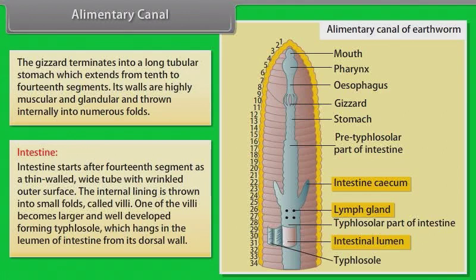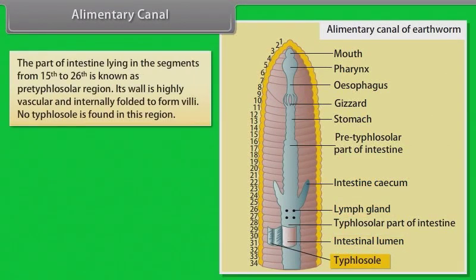The internal lining is thrown into small folds called villi. One of the villi becomes larger and well-developed, forming typhlosole, which hangs in the lumen of intestine from its dorsal wall. The part of intestine lying in the segments from 15th to 26th is known as pretyphlosolar region.